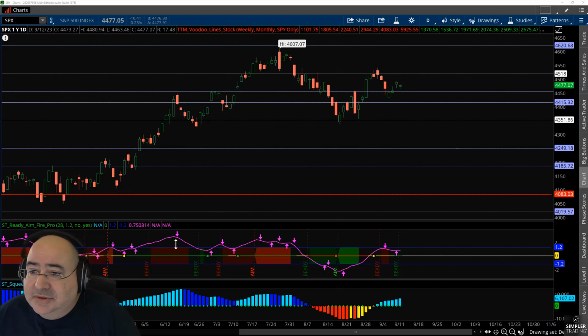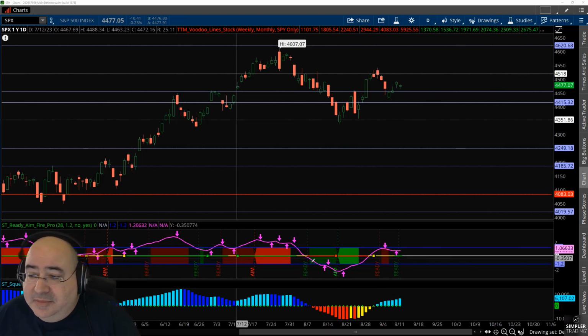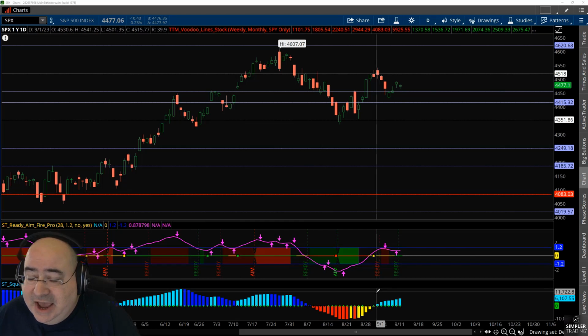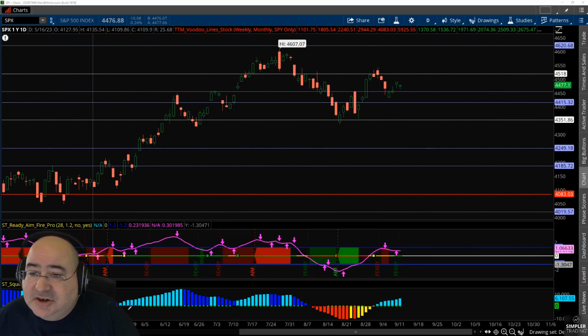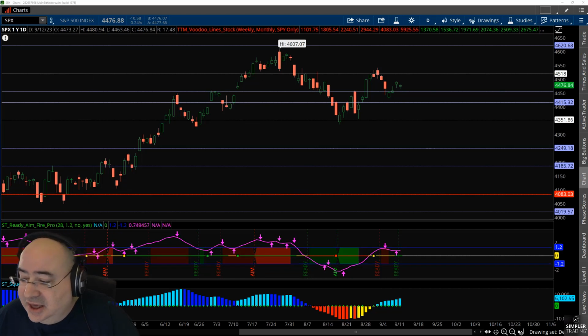So the first element we've covered, right, the oscillator and the arrows, and we'll put this all together in a bit, but you can also see that there are shaded areas in the region between the overbought and the oversold lines, right? We've got dark red here and brighter red and dark green and brighter green.